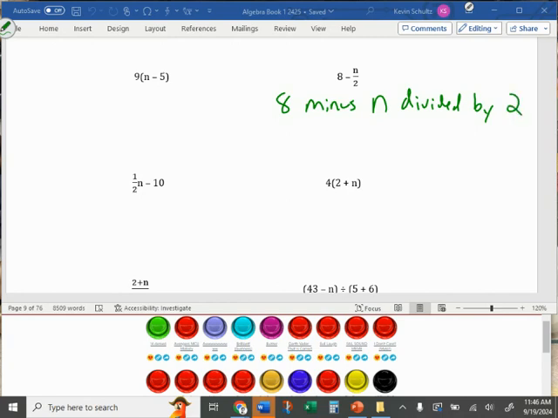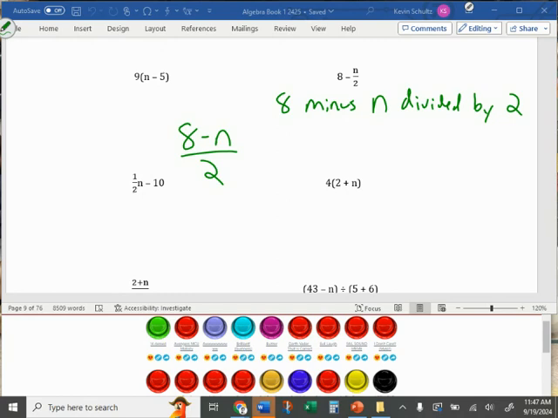Where should we put our comma here to know? Because if I just tell you 8 minus n divided by 2, I could mean 8 minus n, divided by 2, or I could mean 8, minus n divided by 2. Where should my comma go to further explain what's going on here? Is it after the n?